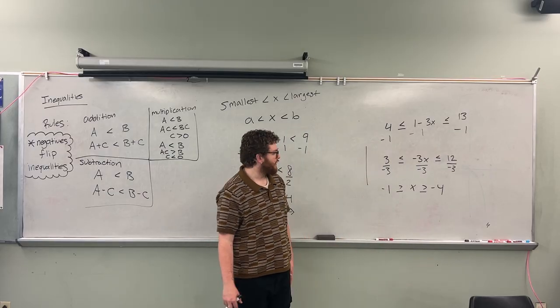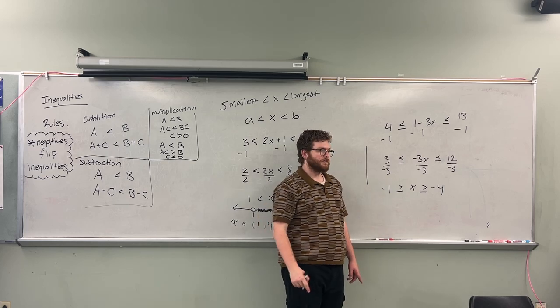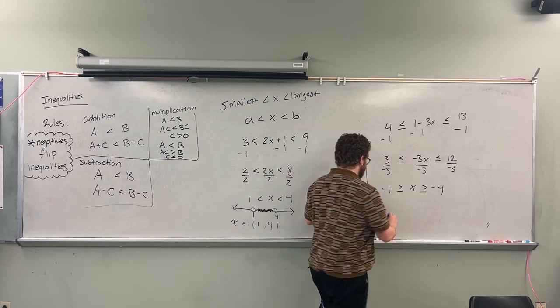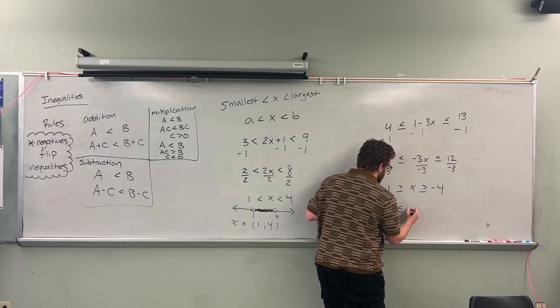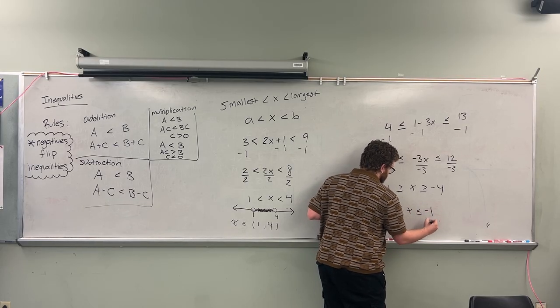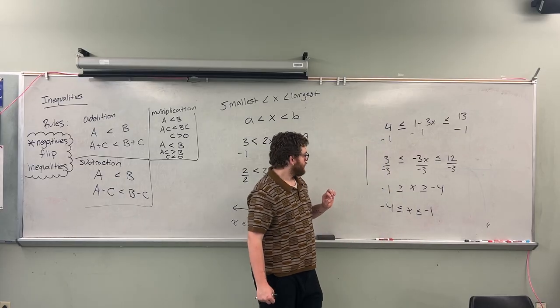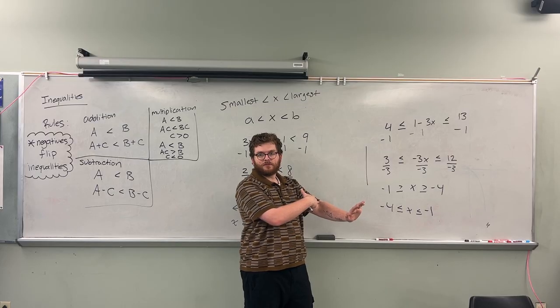So flipping the signs is true, but remember that we want to write it smallest to largest. So I want to put this over here, and the sign with it, then x, the sign with it, and -1. So I first flip the signs, and then I can mirror everything around.